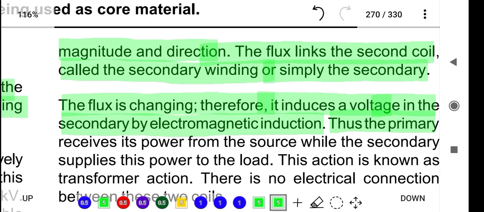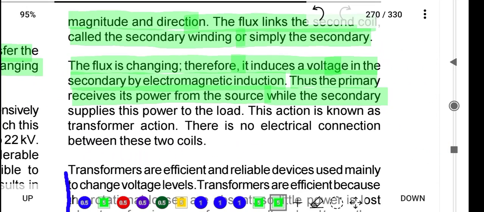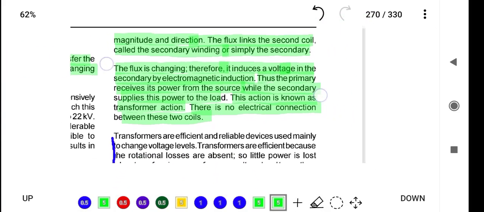Thus the primary receives its power from the source, while the secondary supplies the power to the load. This action is known as transformer action. There is no electrical connection between these two coils. I will explain these points in simple form.